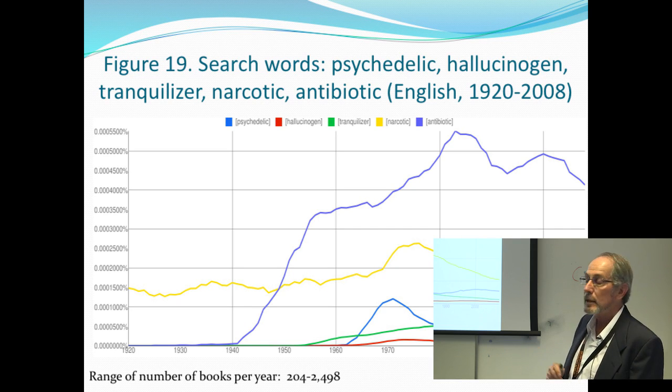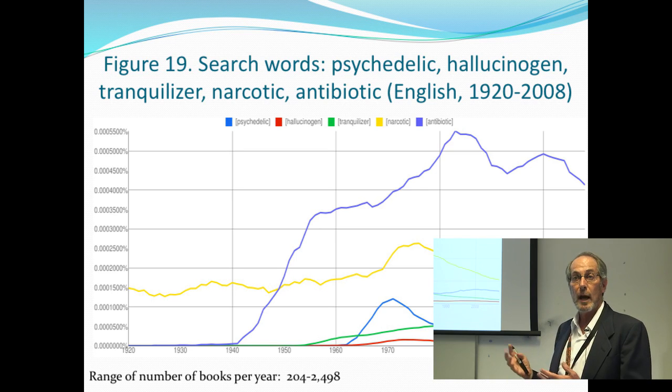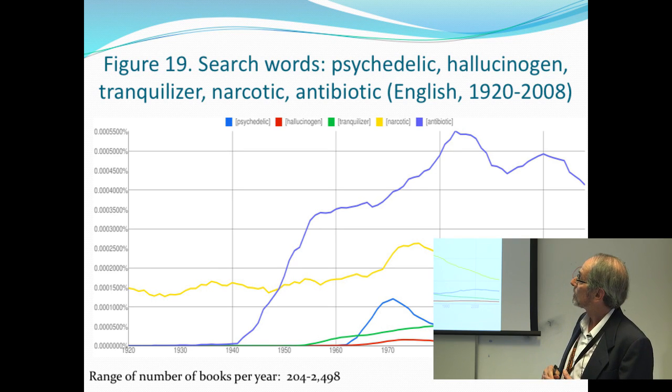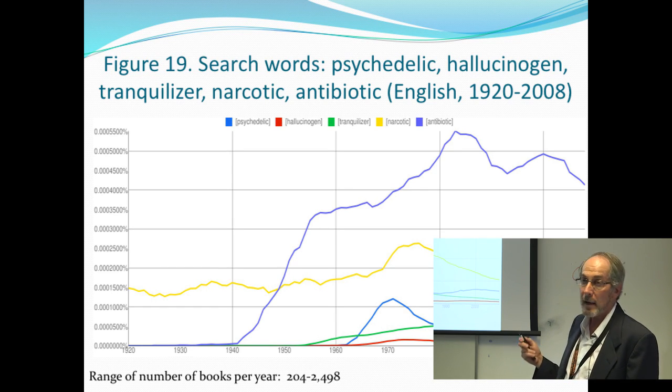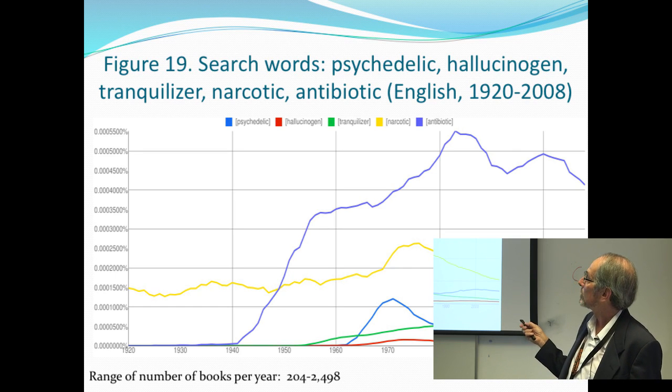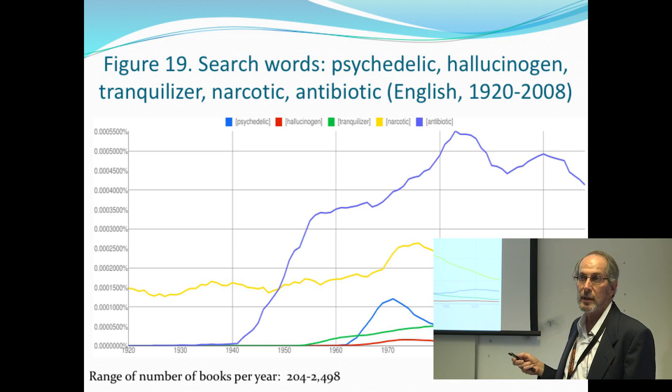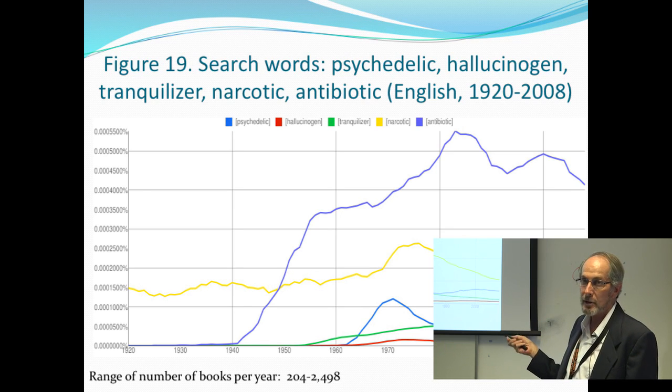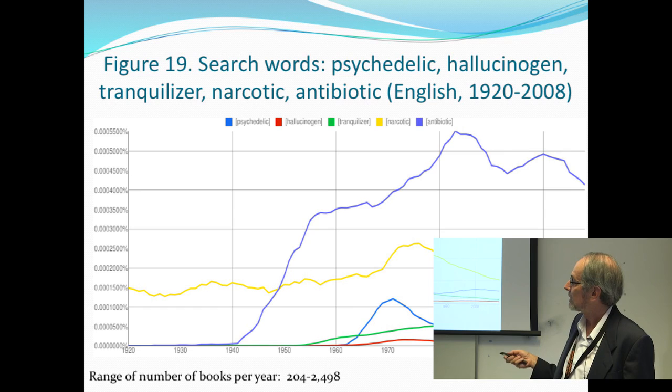And I decided to compare them with three very popular other types of drug names: tranquilizer, narcotic, and antibiotic. Well, antibiotics, late 30s, started in the 40s, the most popular drug term of the ones that you see here, far exceeding our psychedelic cousins, or our other drugs.